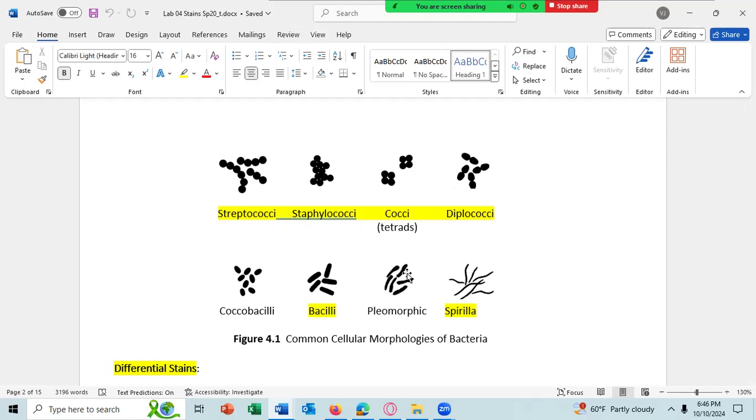Usually the cells that are pleomorphic are cells lacking a cell wall. There are some bacteria that lack a cell wall. Most must have a cell wall, but there's one family that lacks a cell wall. We'll talk about that later in the term. Any question about any of that?